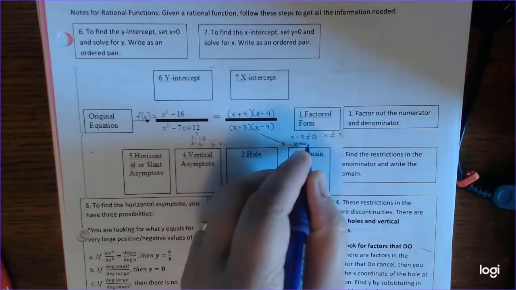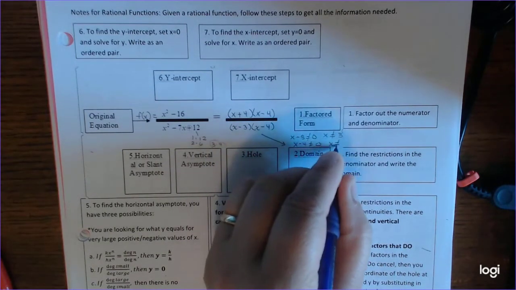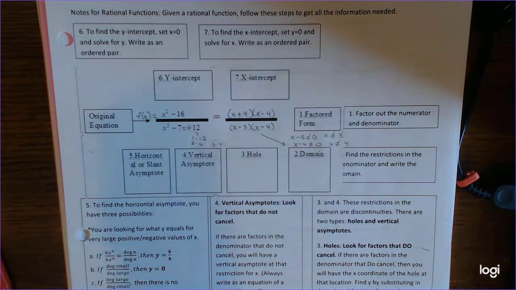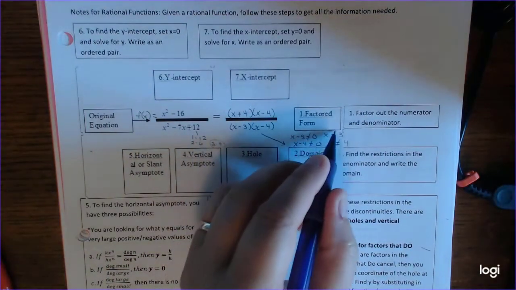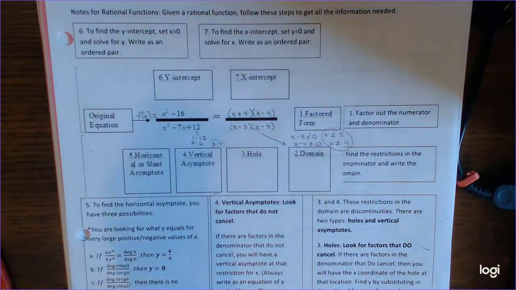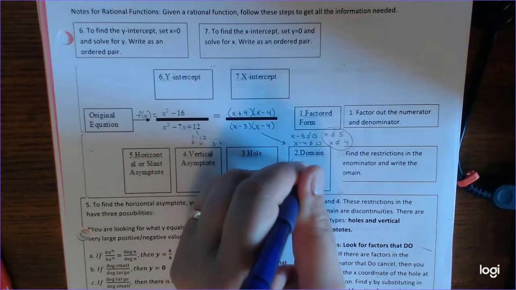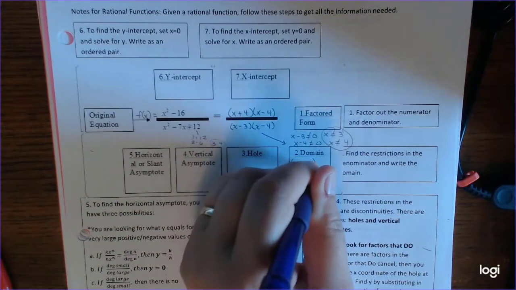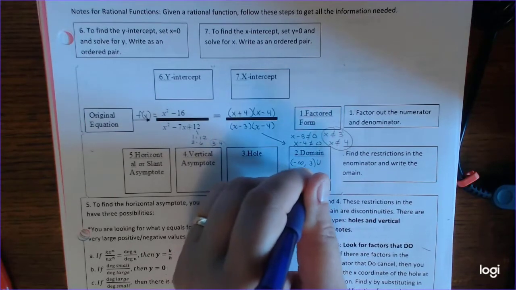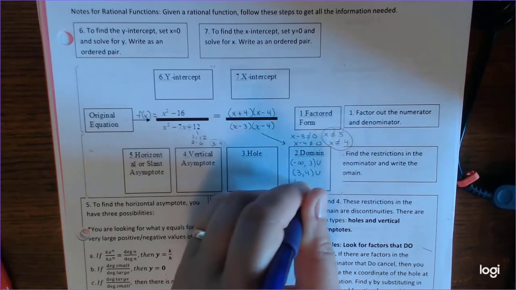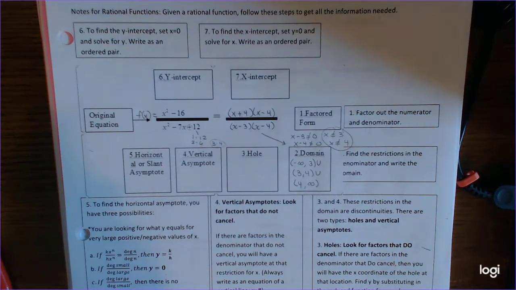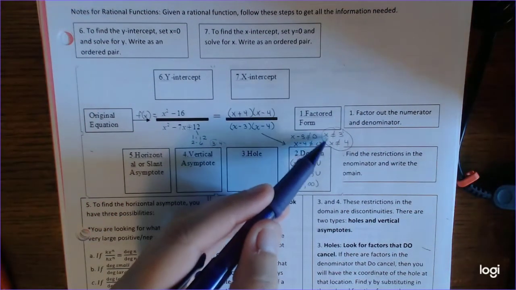And x minus 4 cannot equal 0, you get x cannot be 4. Okay, so the domain is going to have to hop over those restrictions. Okay, so in interval notation, the domain is from -∞ to 3, hop over 3, 3 to 4, hop over 4, 4 to infinity.